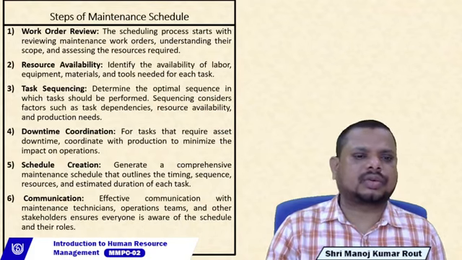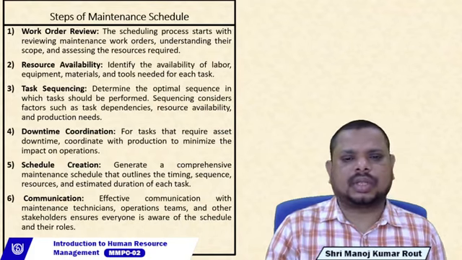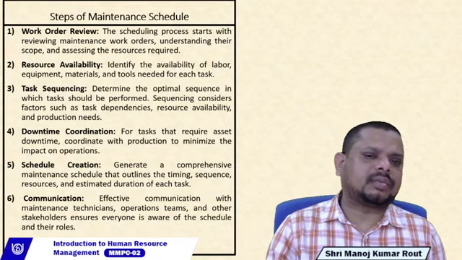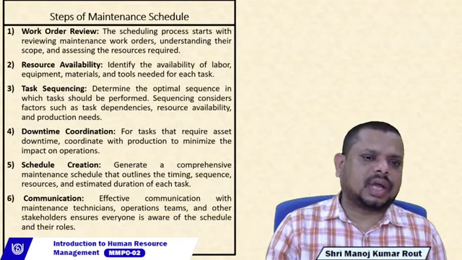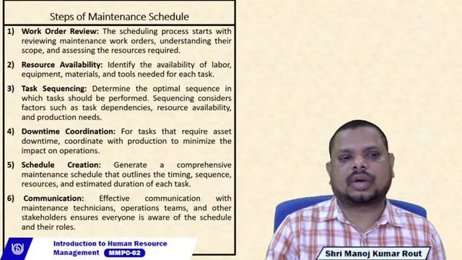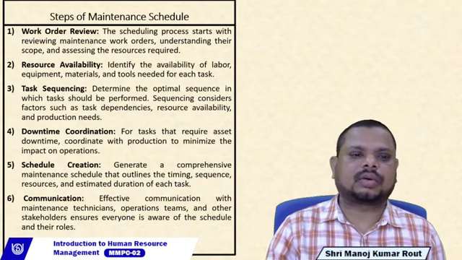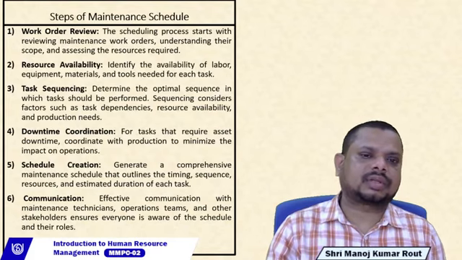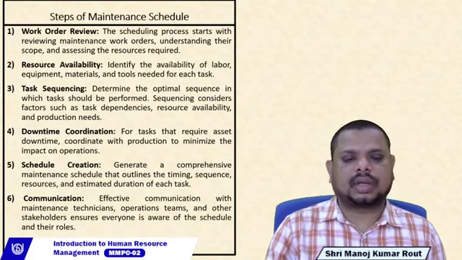In that case, the scope is that within a limited amount of time we have to provide the outcome so that the machine will be directly involved in production activities. And for this work order review, you have to assess the resource requirements. That means requirement of skill levels, spare parts, materials and tools.